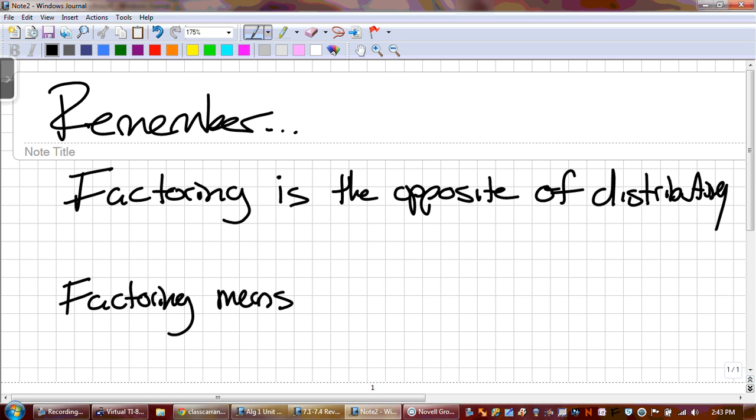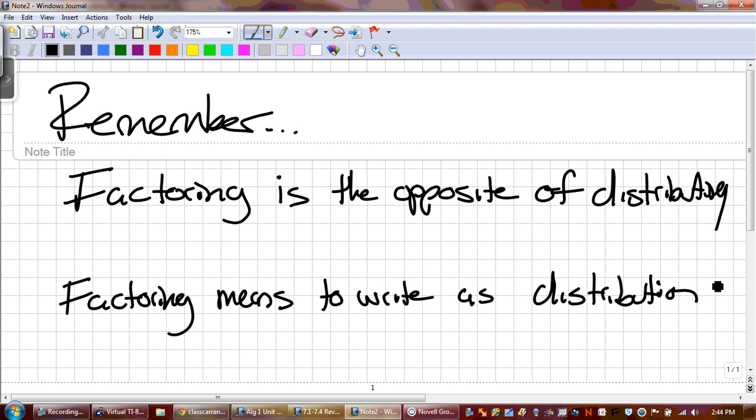Distributing is multiplication. So what's the opposite of that? Well, the opposite of multiplication is division. Good, division. So when we're writing our answer, that means that we have to write it as distribution.